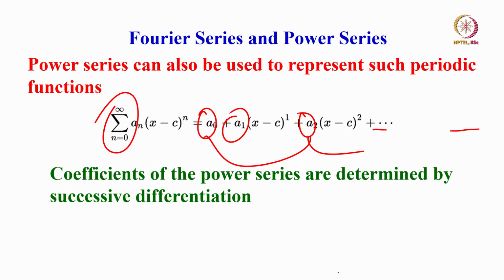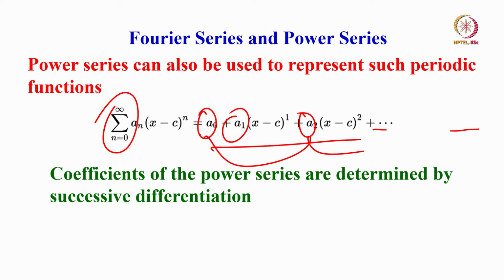Of course, we have some limiting values later, and I am not going into the details of the mathematics, but there are coefficients A0, A1, A2, A3, etc. We have to determine these coefficients of the power series. How do you determine that? Normally, it is done by successive differentiation. You have to differentiate once, then differentiate further like that.